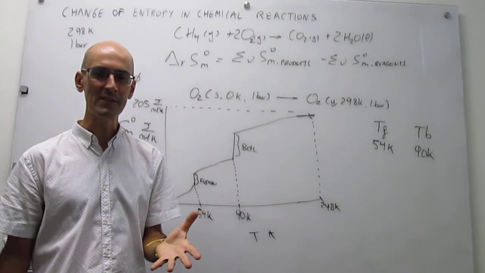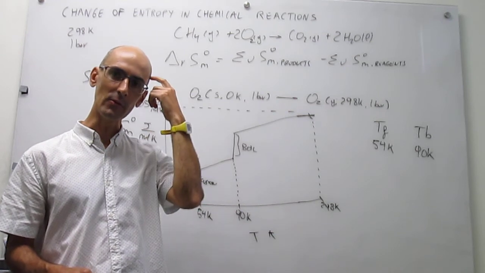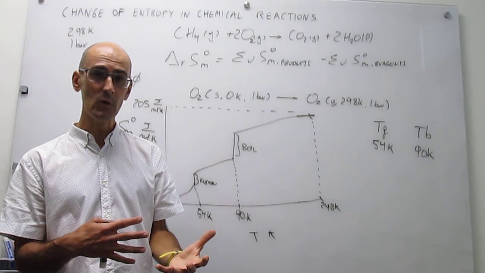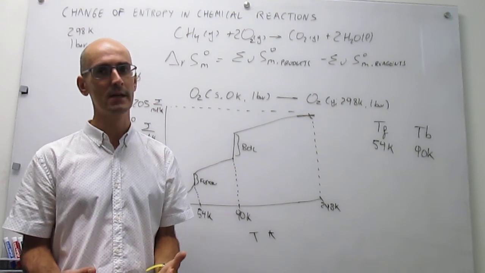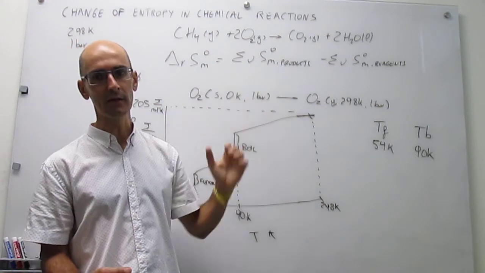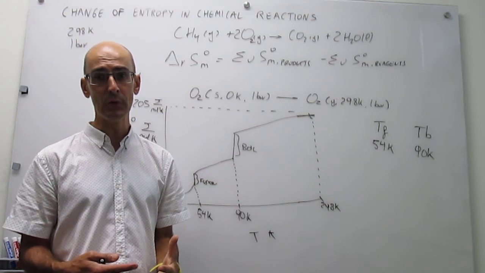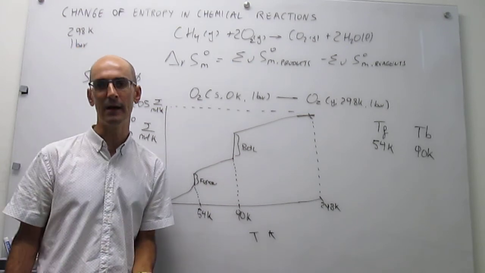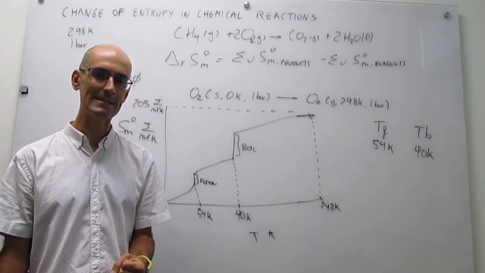Just to wrap up this video, we have seen how to calculate the change in entropy in a chemical reaction, and most of the video has been concerned with how we obtain the absolute molar entropies that are required in that calculation. As it turns out, those molar entropies are based on the third law of thermodynamics, which tells you that the entropy of a pure crystalline substance at 0 Kelvin is 0.